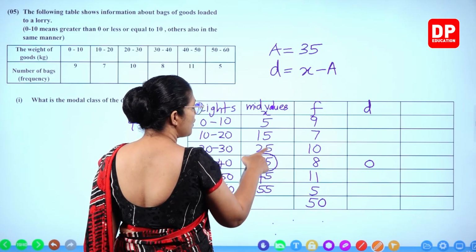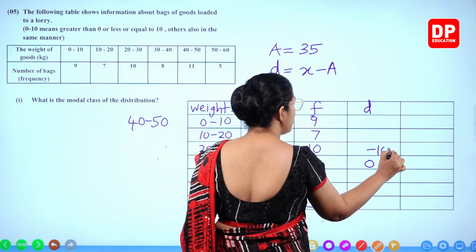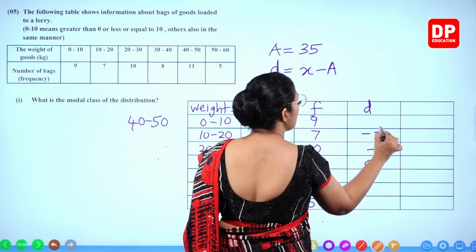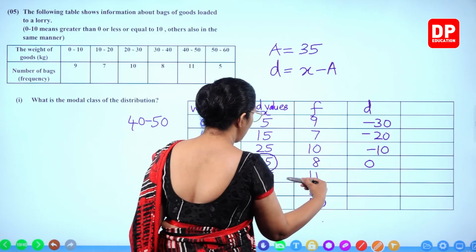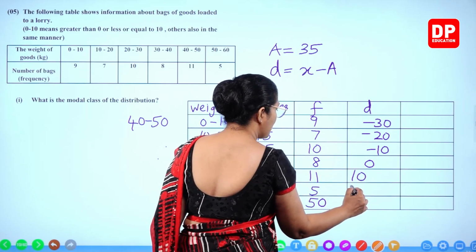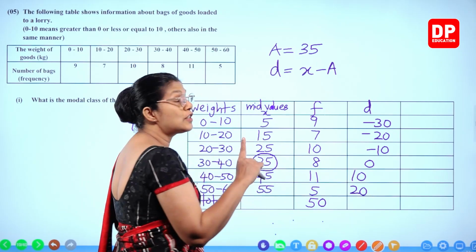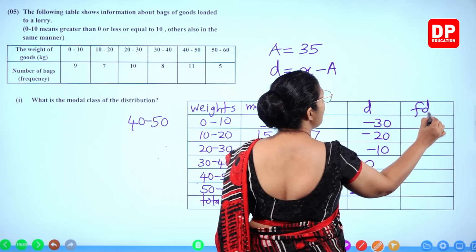Then when you subtract, for the upper part you get negative values, and for the lower part you get positive values. 45 minus 35. 55 minus 35. Then you multiply F and D.